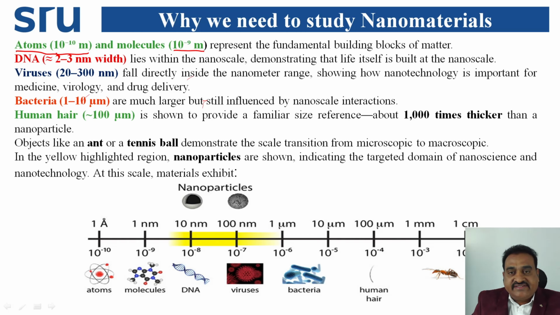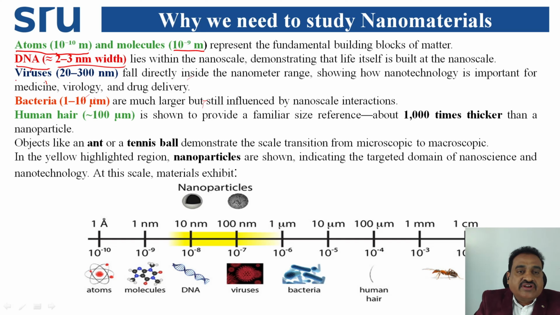It represents the fundamental building blocks of matter. So you can see here DNA. It is 2 to 3 nanometers in width, lies within the nanoscale. So demonstrating that life itself is built at the nanoscale.